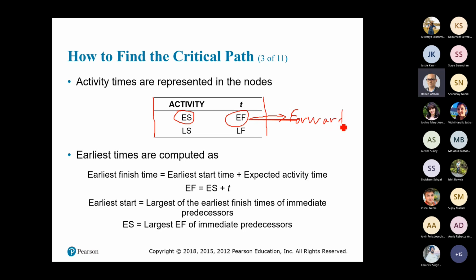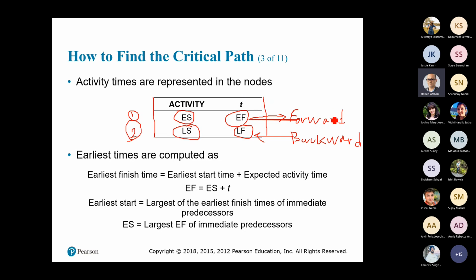And latest start and latest finish are calculated in backward calculations. So we have two steps to calculate these numbers: forward calculation and backward calculation.